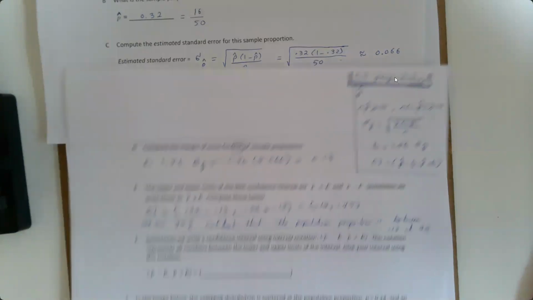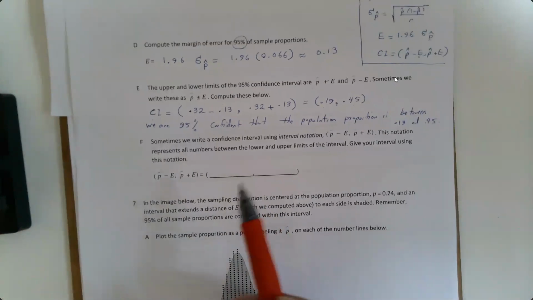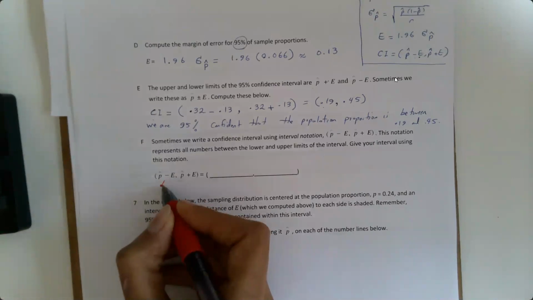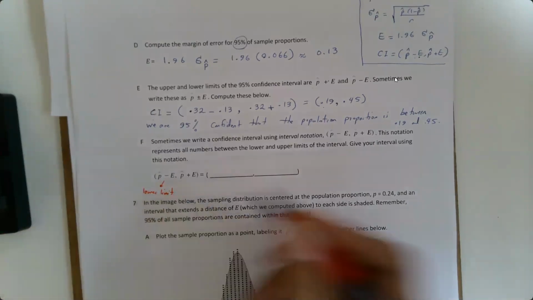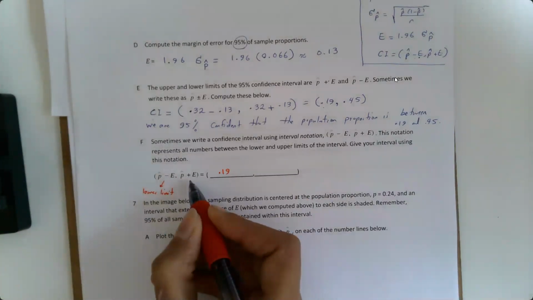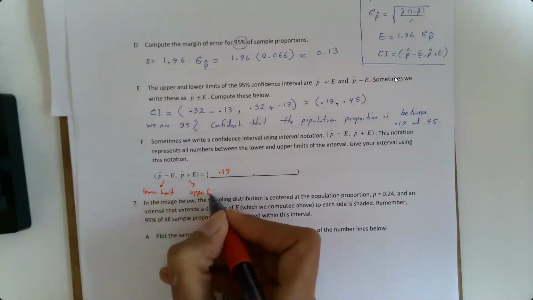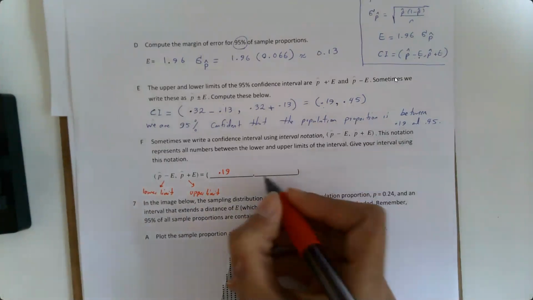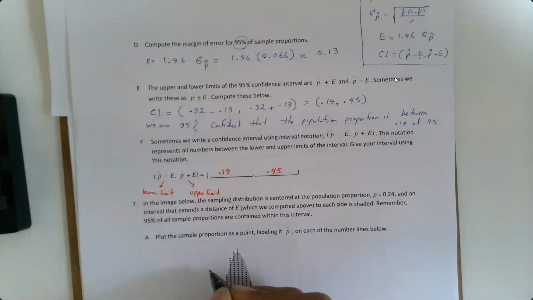Very well. So as we saw, p hat minus E, which we call the lower bound or lower limit, is 19%, and p hat plus E, which we call the upper limit, in our calculation is 45%, on the right-hand side.